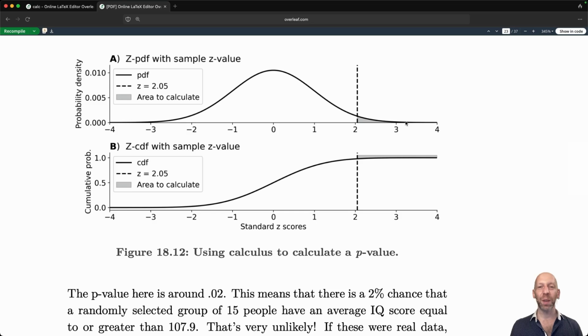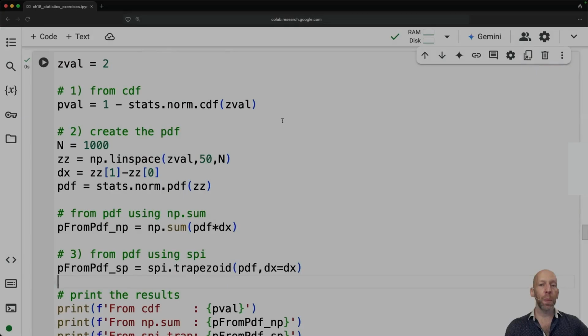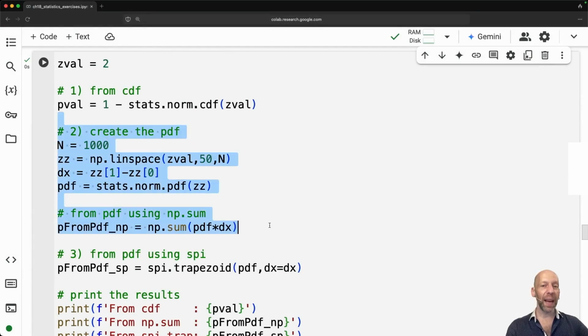So I arbitrarily picked 50 as being some number that seems to me relatively large and yet is going to have a vanishingly small contribution. This is exactly why it's better to calculate from the CDF and not from the PDF. So I hope that's clear. These two methods of calculating a p-value are fantastic for right now, for working through an exercise in a textbook on calculus.